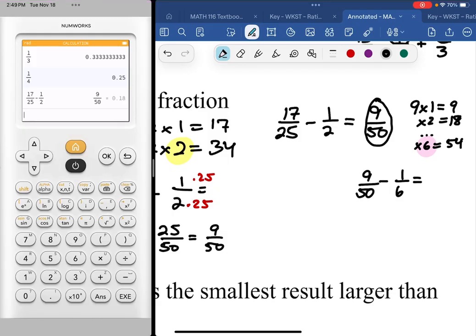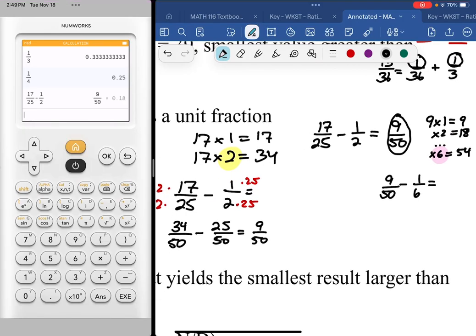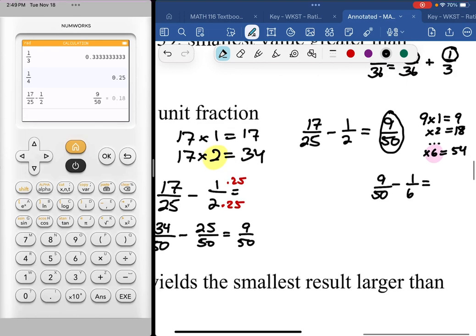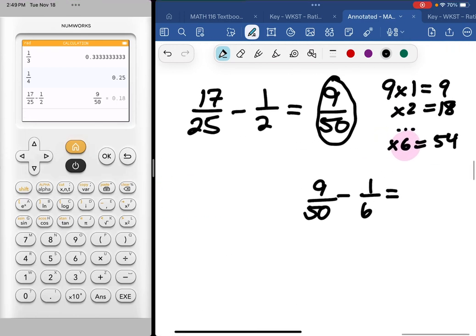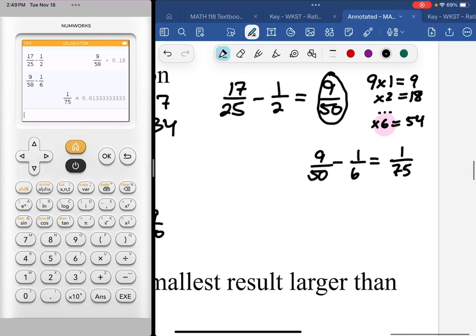Just like we determined the 1/2 by determining the minimum number I would have to multiply 17 by to get a denominator greater than the one in the fraction, the same idea here. It took me 9 times 6 to get there, but I got there. And instead of doing the common denominator thing that I did before, I would then subtract off the 1/6. That gets me 1/75.